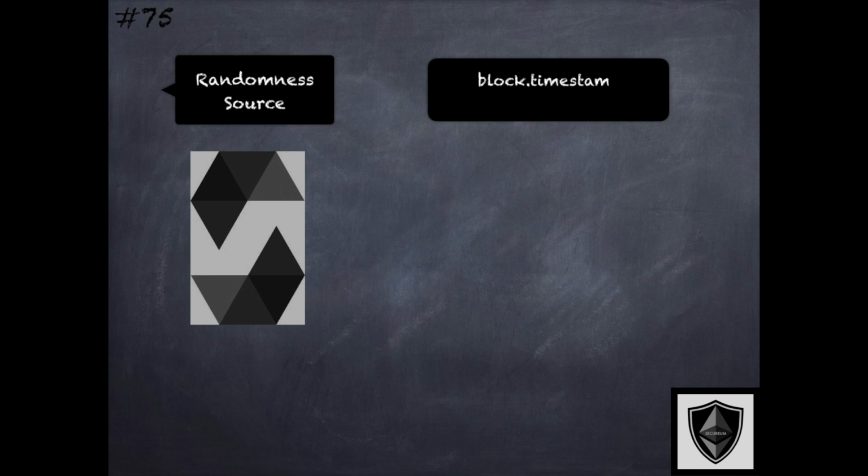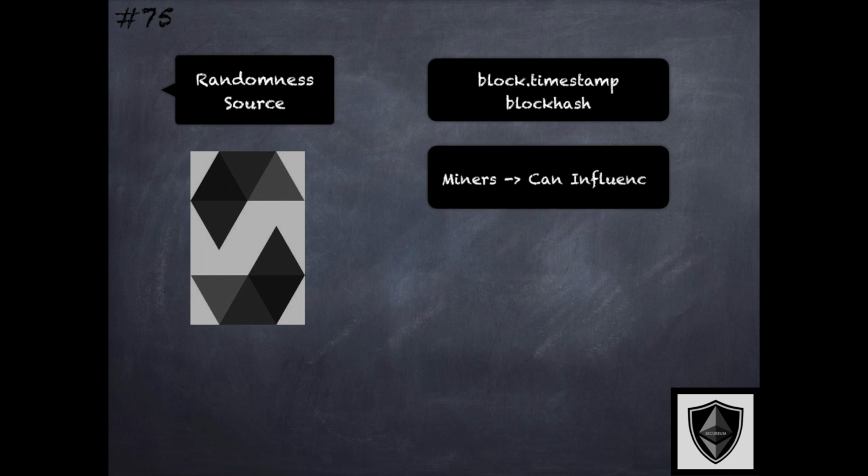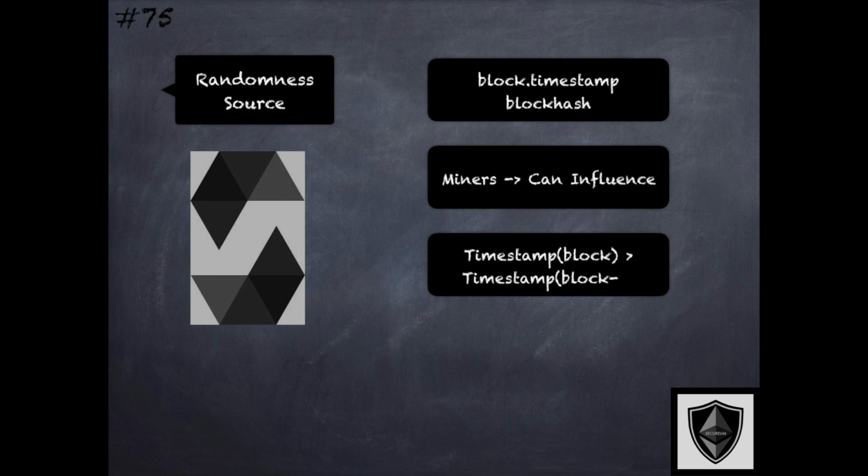Let's now talk about randomness sources. The block timestamp and block hash that we just discussed are not good sources of randomness. That's because both these values can be influenced by the miners mining the blocks to some degree.